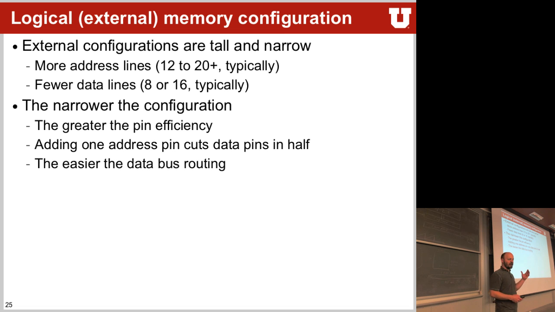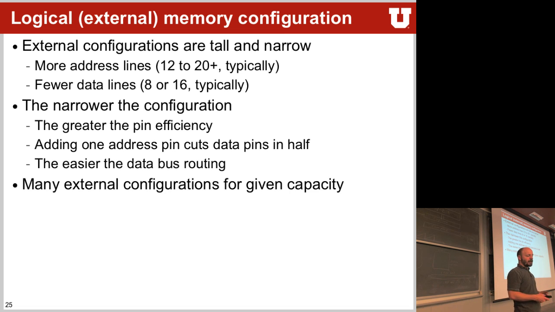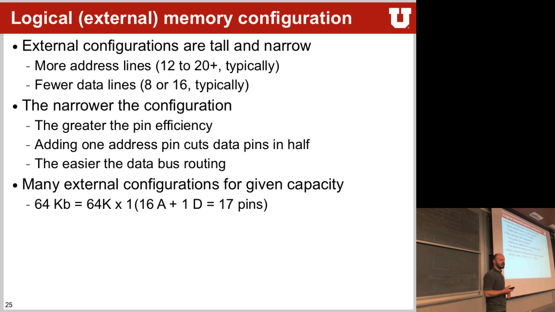So let's assume we have a tall and narrow configuration, and let's say we have a 64 kilobit interface. The 64K can have a lot of different architectures internally. It could be a 64K by 1, so we would have 16 addresses and 1 data bit. That would be only 17 pins.